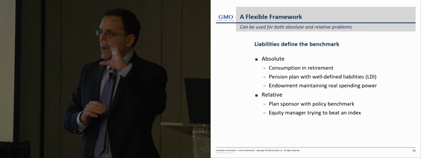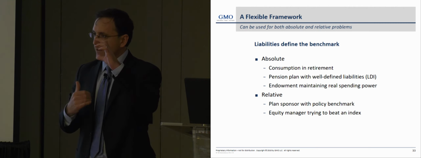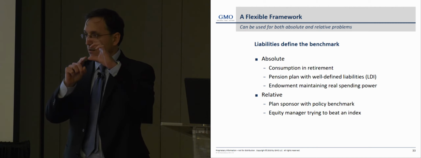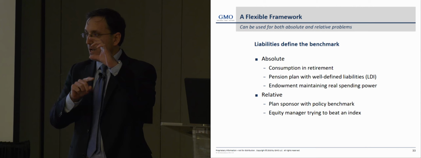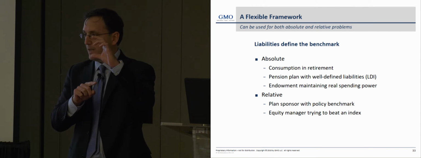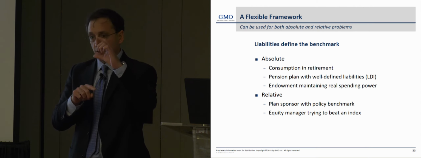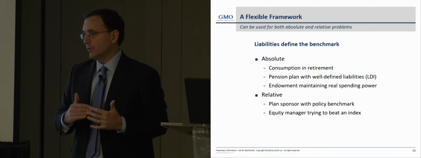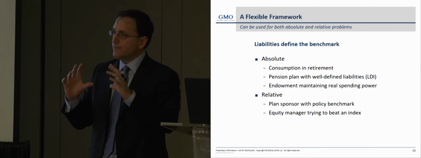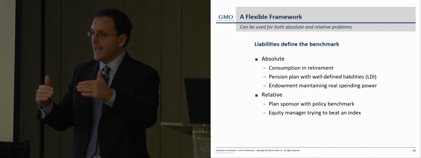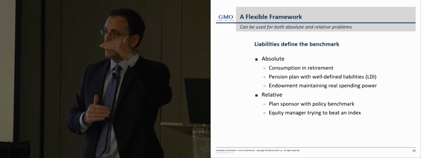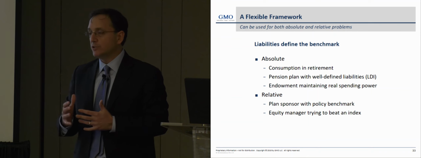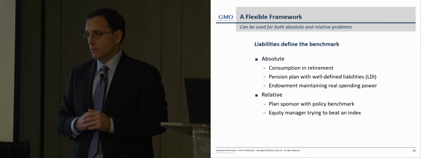Reframing it as saying, I already have what I need, removes the emotional baggage that goes along with saying, well, I have $1, I need $1.50, I had a really bad return, now I only have 50 cents. If you really need that $1.50, you should re-optimize to a much higher target compounding rate and rebalance appropriately. So this framework gives you a way of thinking through how you should behave if you have either really good unexpected returns or bad. And we've done a lot of research on that. It makes a big difference.